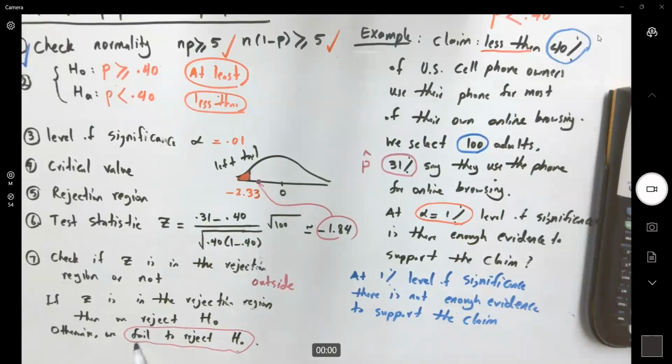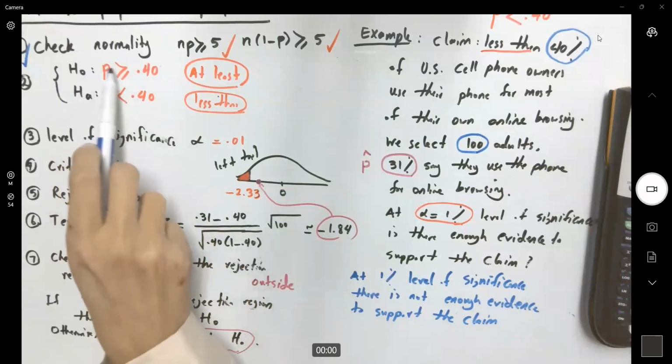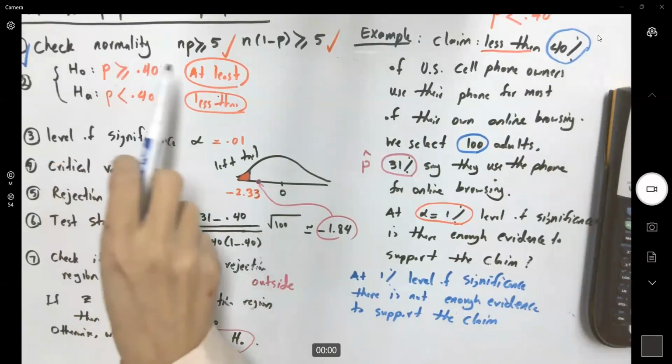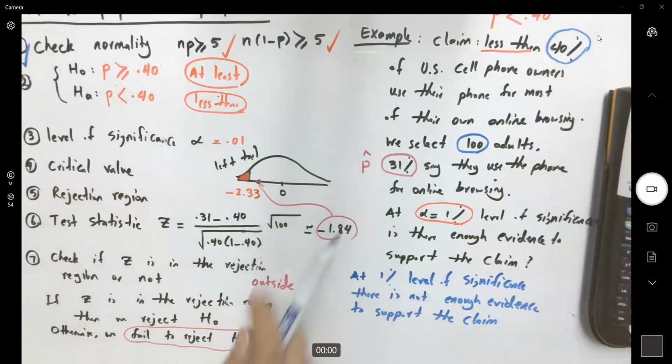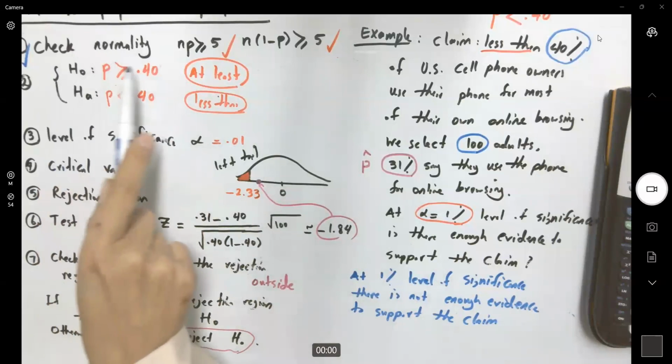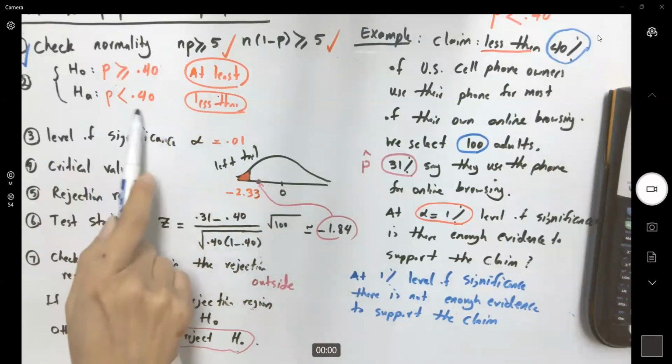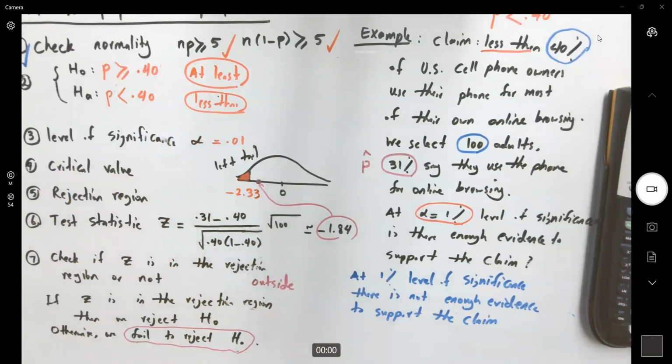So we failed to reject the null hypothesis. We failed to reject this. Unofficially, we are somehow with this information accepting this. We failed to reject it. So it means that we cannot support the alternative hypothesis.